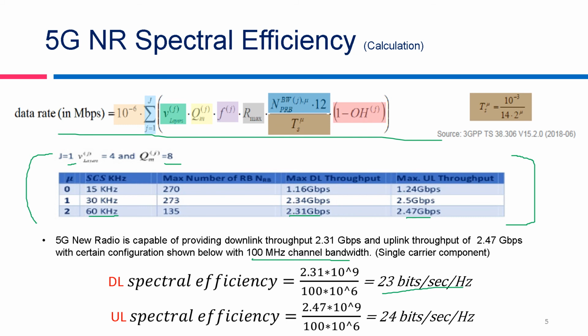And here I have taken a transmission of 4 layers. So in LTE also I have taken 4x4 MIMO, and in 5G also I have taken 4 layers. But 5G is capable of supporting even more layers, or we can say higher order of MIMO. So spectral efficiency will also increase with increase in the MIMO order.